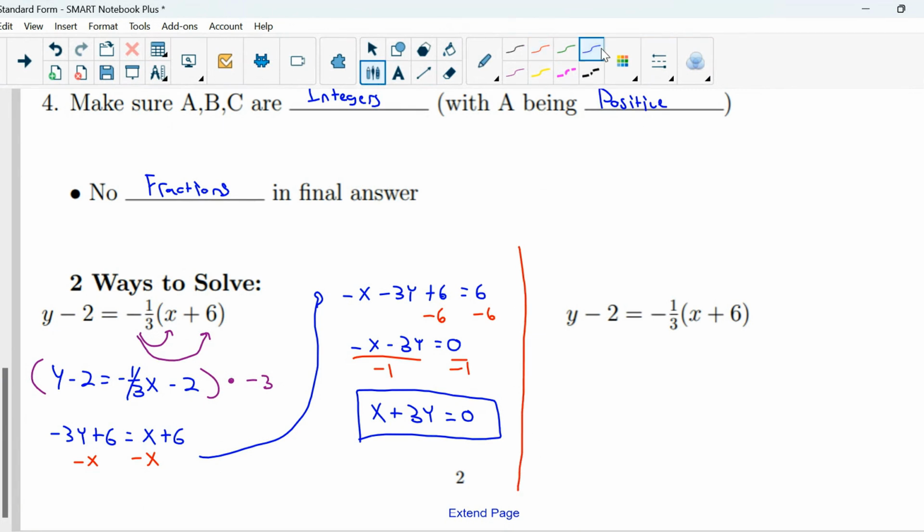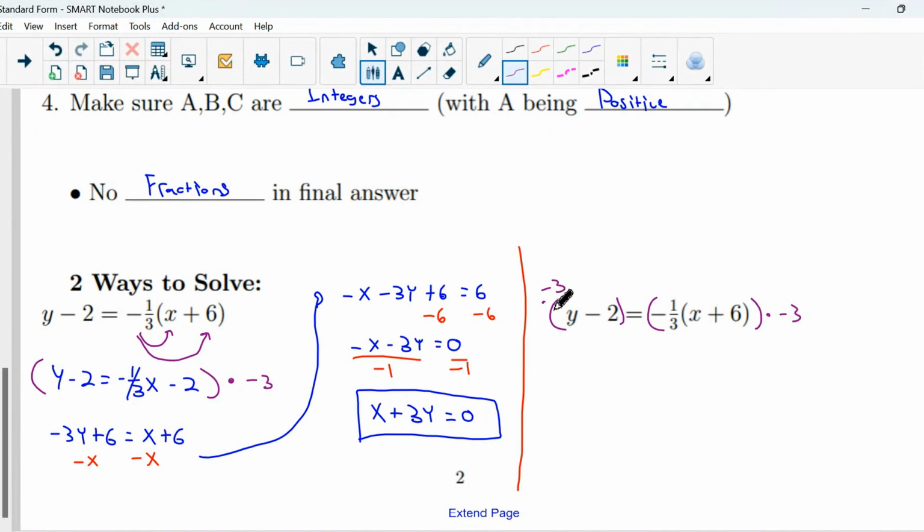All right, the other way, and the way that you guys may find simpler, is to multiply out your fraction right away. So instead of distributing 1/3 inside our parentheses, we could go ahead and multiply everything on both sides by negative 3 right out of the gates.